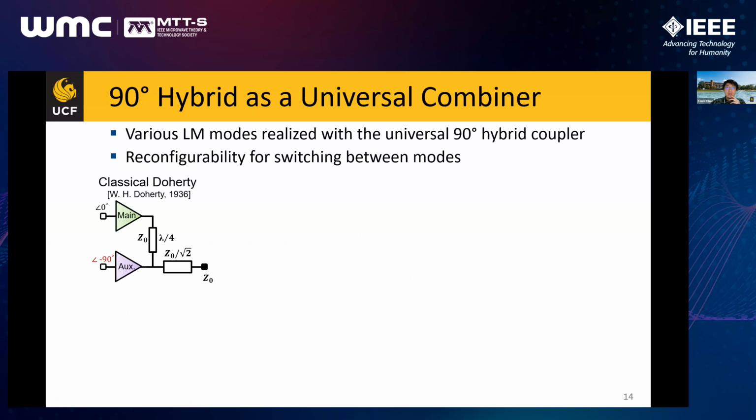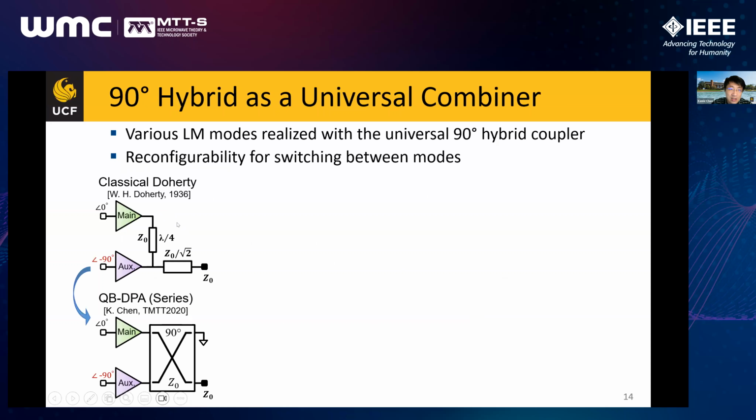So I'll start with treating this 90 degree hybrid coupler and show how it can make a good load modulation combiner. As we can see, the most classical load modulation platform is this Doherty PA, and this is its combining network.